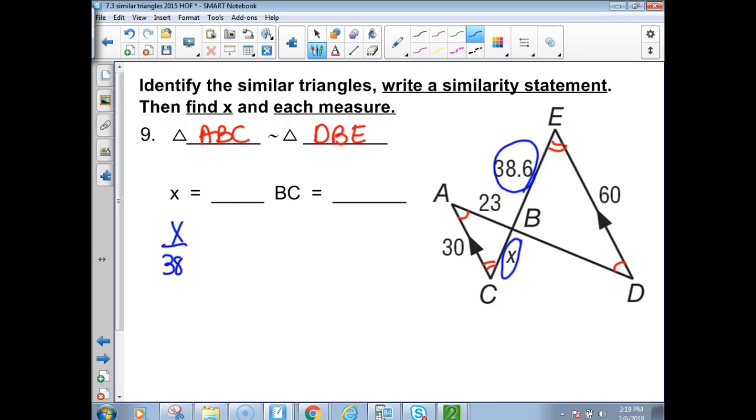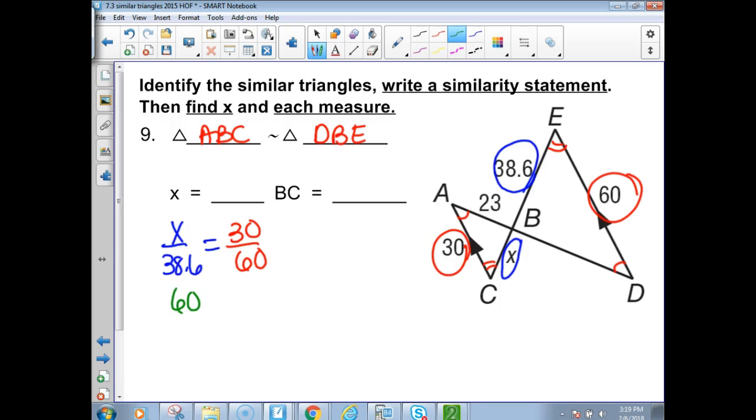So X over 38.6 equals, I'm going back to the figure that X is on, and that would be the 30 compared to the 60. Now, you could do some reducing or just cross multiply and divide.